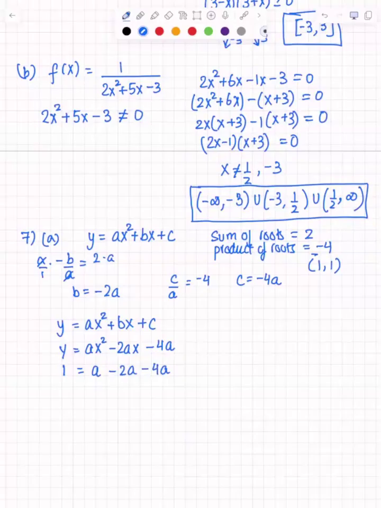So -6a plus a is -5a equals 1, so a is -1/5. So b is -2 times a, so that's 2/5. And c is -4 times a, that is 4/5. So y equals ax squared plus bx plus c.